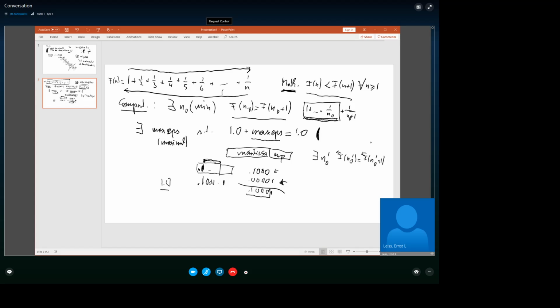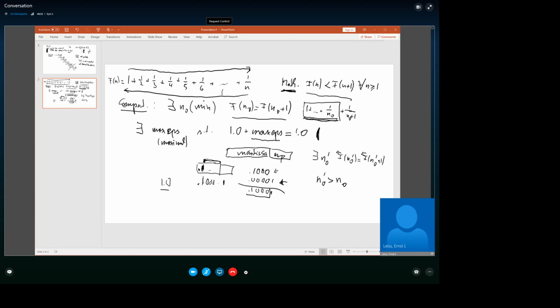But it turns out that that n0 prime is going to be significantly larger than the n sub 0. So depending on in what order I am going to add up, whether I'm going to add up from left to right, which is the natural way of doing things, or from right to left, which is the weird backwards way of doing things, I'm going to get different values.